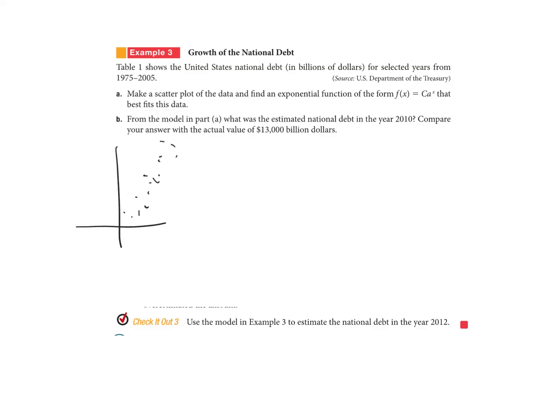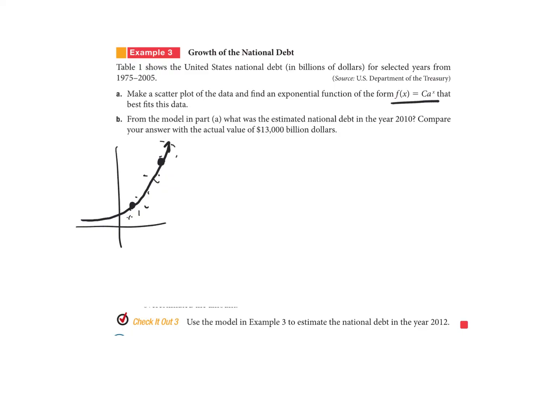And so kind of the way that we do this when we're not using technology to find that equation for us is you're going to just graph in what you think is the best fit, pick 2 points, and then from there you can solve like we did in the past section.